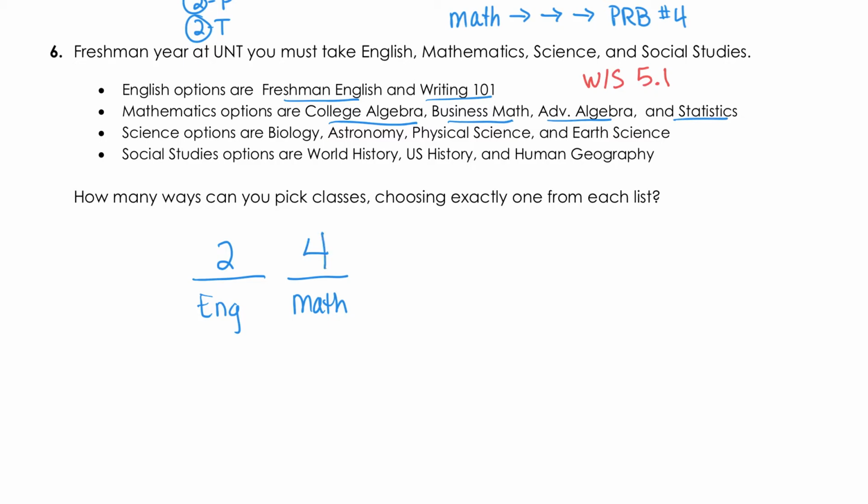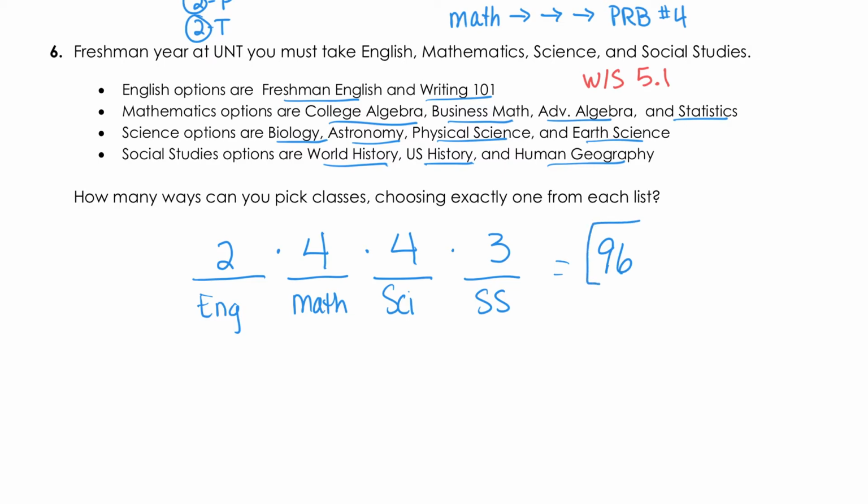That gives you 4 options. Then we have science, 1, 2, 3, 4 options. And then we have social studies, where we have 1, 2, 3 options. And then if you multiply all those together, you get 96 total options.